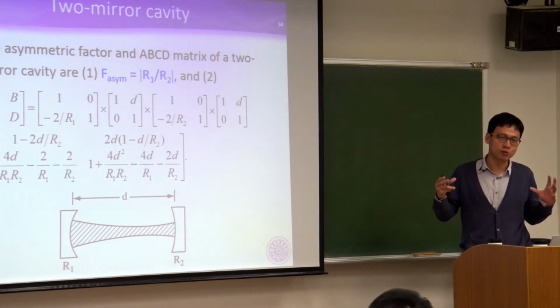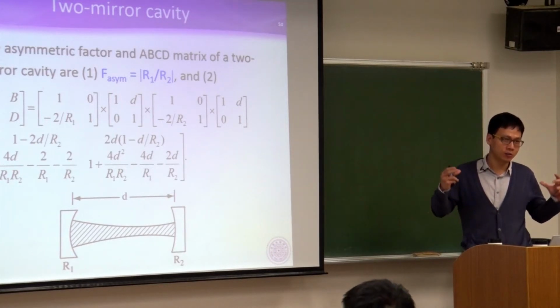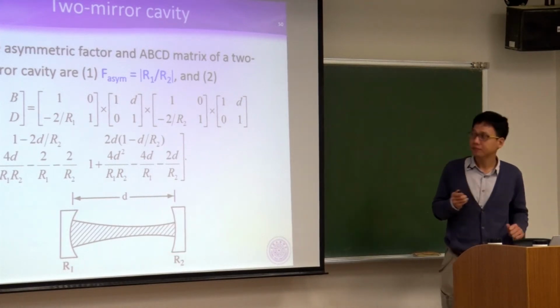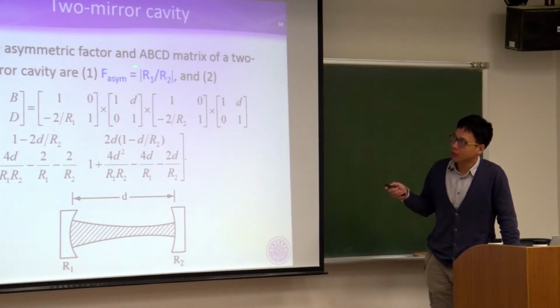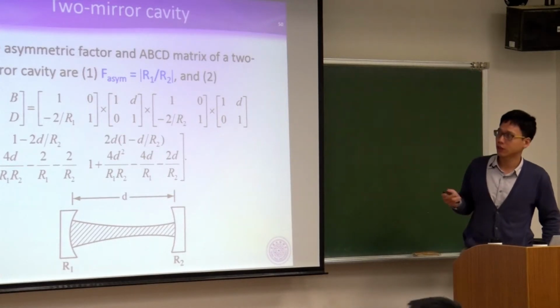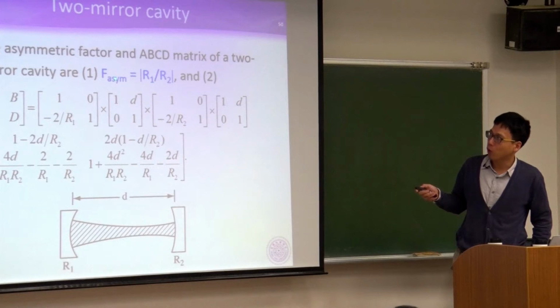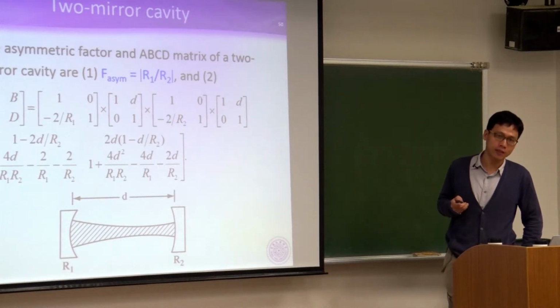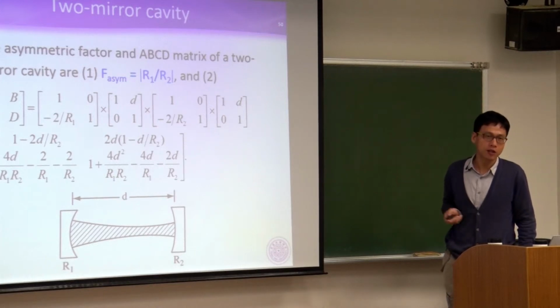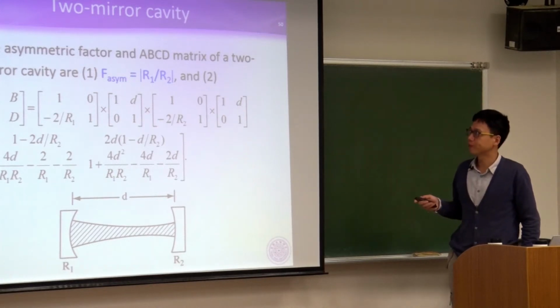They do not have to be the same. 可以是不同的曲率半径组成的 cavity. It's okay. But if they are symmetric, you got 1. Big F equals 1, it's totally symmetric. If it is away from 1, it means asymmetric cavity. Okay. But we will see the impact of asymmetry in the future.